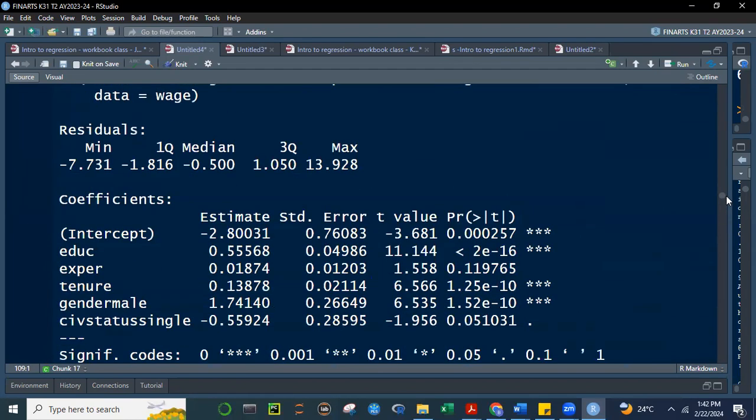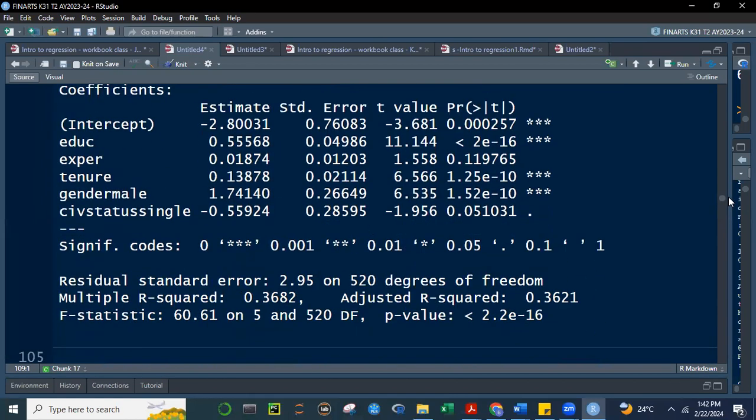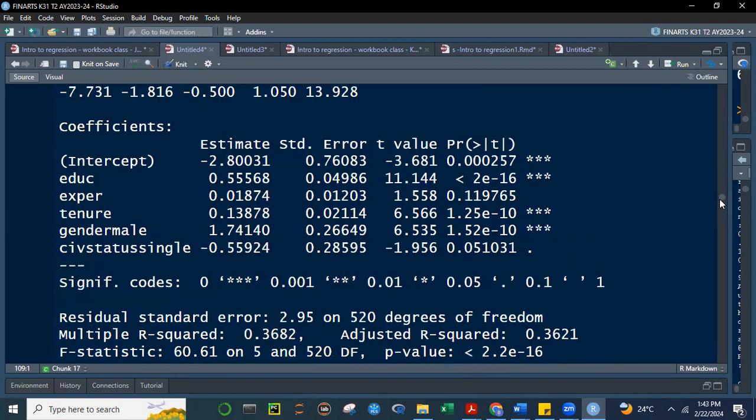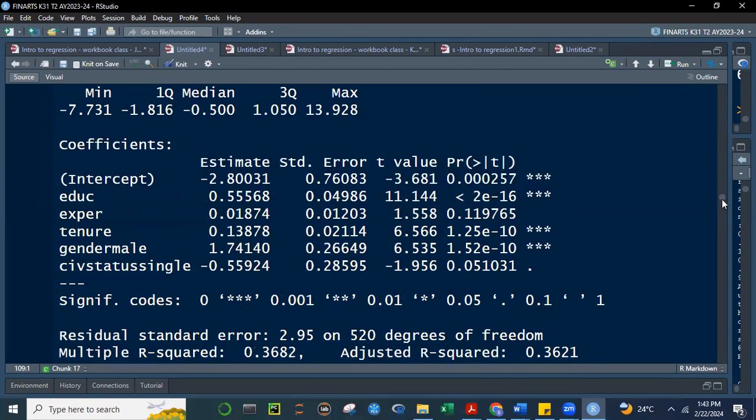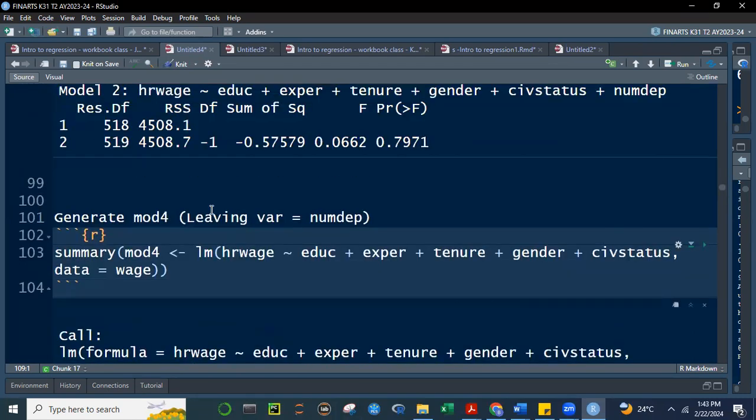Okay, so how to evaluate this class? Okay, this one we know, class, no? We know experience is not significant here. Civil status is also not significant. 5%. So pwede natin, kung compare natin, class, okay na lang natin.